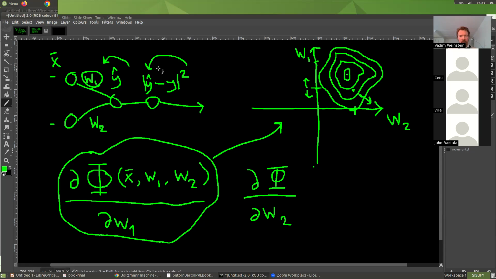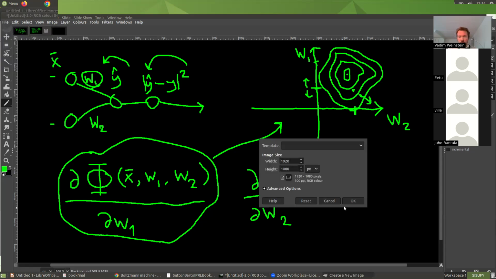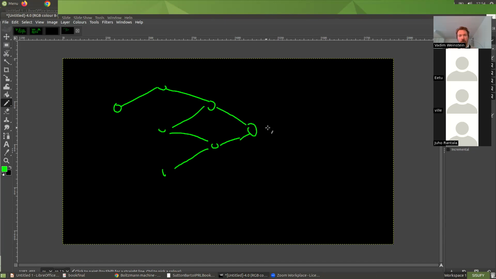When we backpropagate the error, that means that we're taking the derivative of this whole function with respect to these two weights. And so I guess let me show what happens if I have, let's say, a very large network. Something like this. Now, suppose I have a derivative over here.